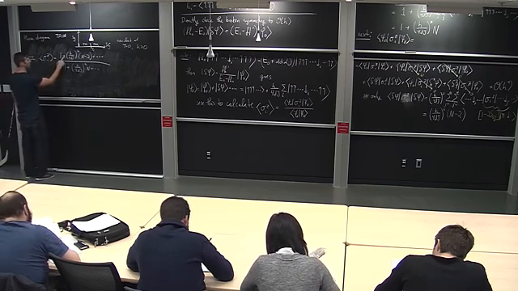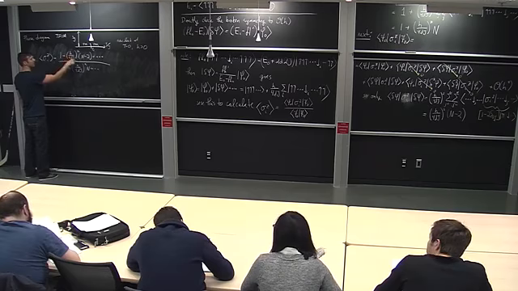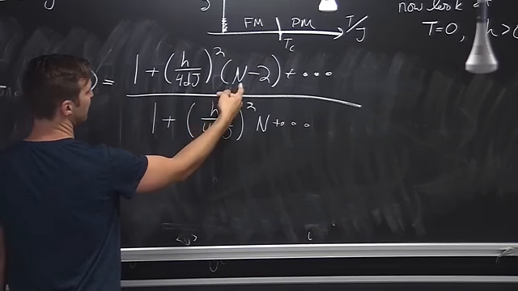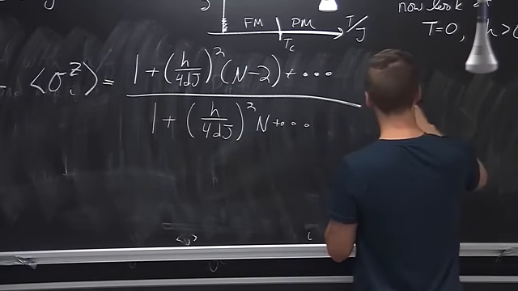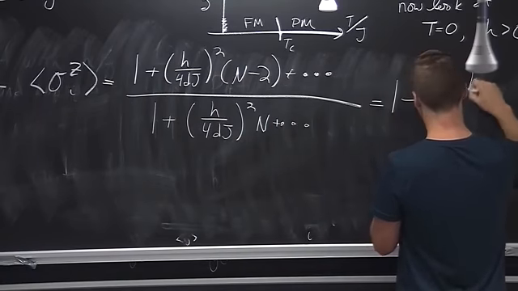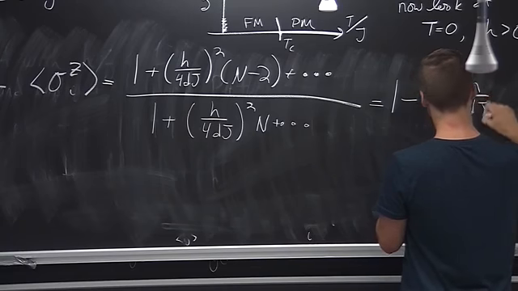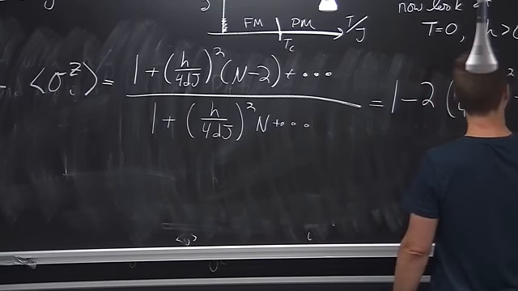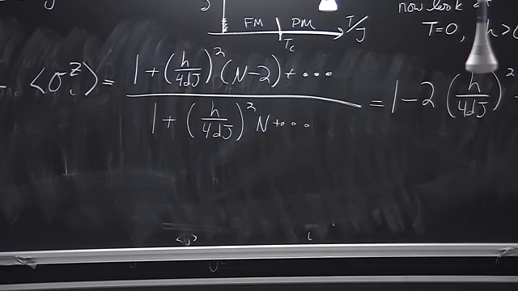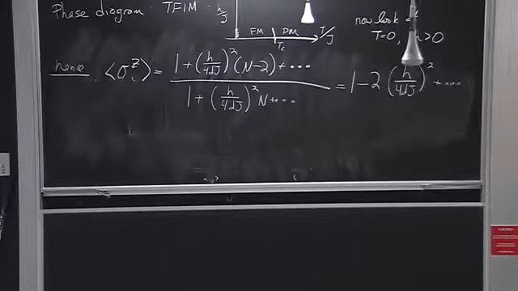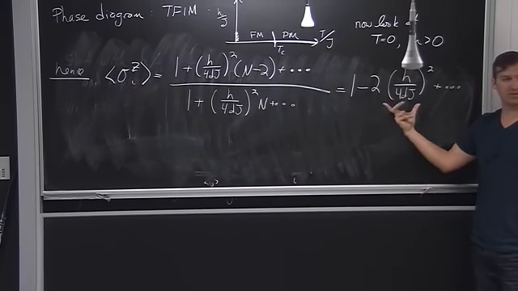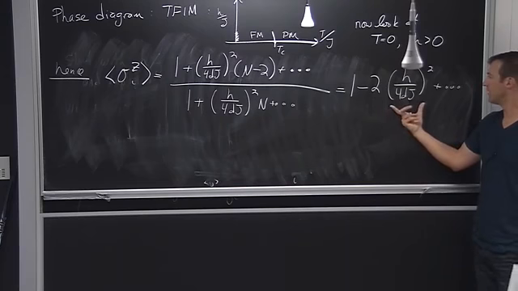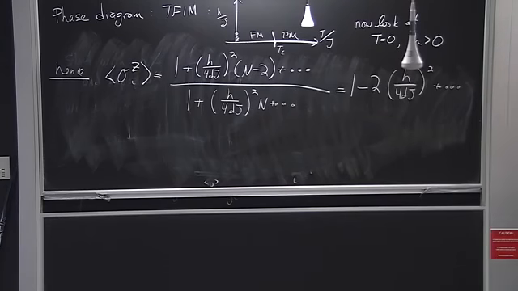Write this as 1 plus this h squared term times n, say, minus 2 times the same term. You can convince yourself that it looks like that. So 1 is the unperturbed value for this expectation value. This is the perturbation, right, which is basically second order in h.